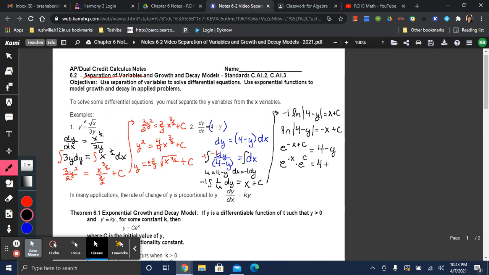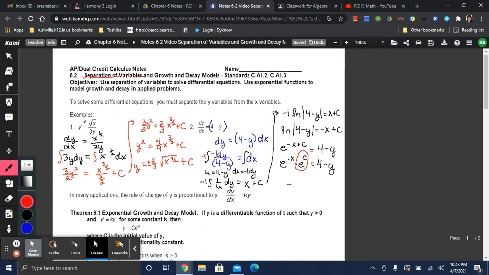So what I've just written here is equivalent to the line above. If I have the same bases, I add those exponents and keep my base. And what happens is that this e to the c power is actually a constant.